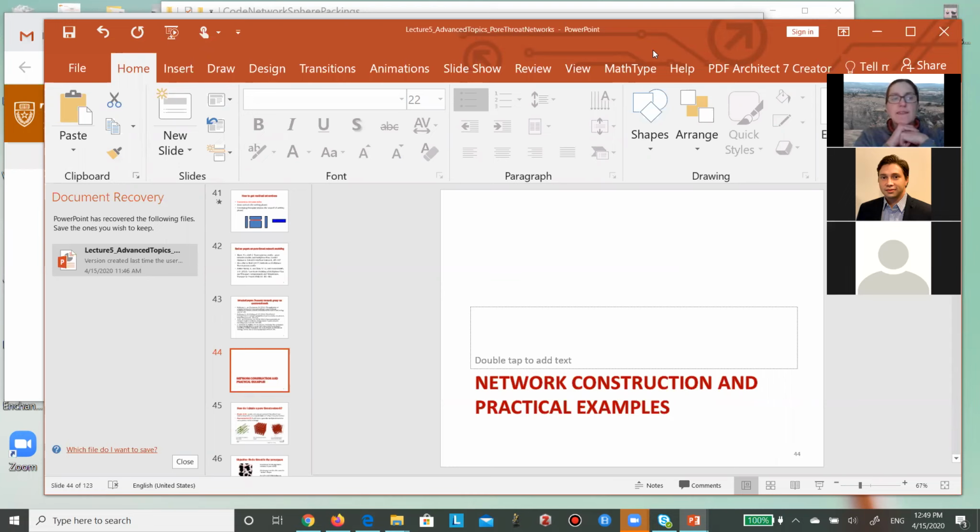One thing that I didn't ask you ahead of this, which is what we're going to need next time: does everybody have MATLAB installed on their computer? Yep. Is there anybody who doesn't? You have access to MATLAB through UT, so it shouldn't be a problem to install.